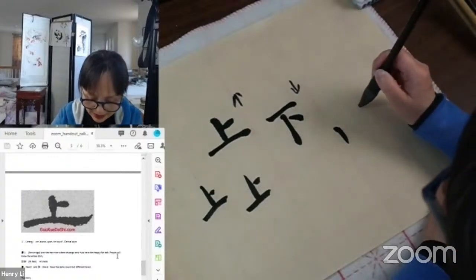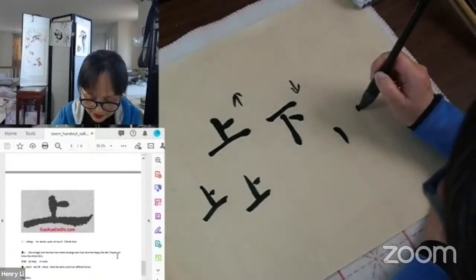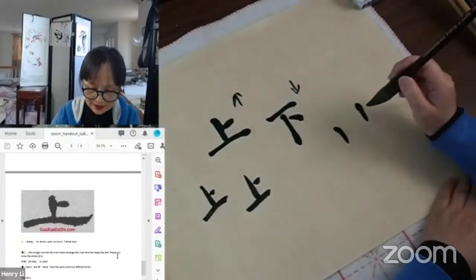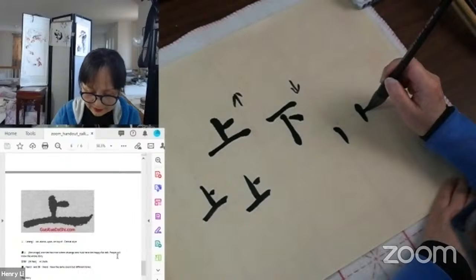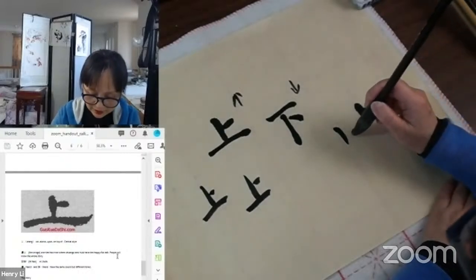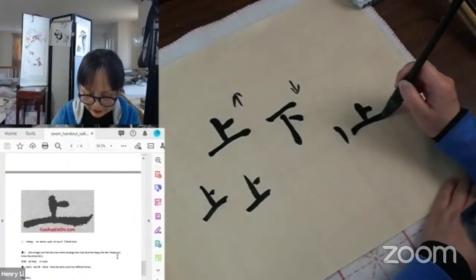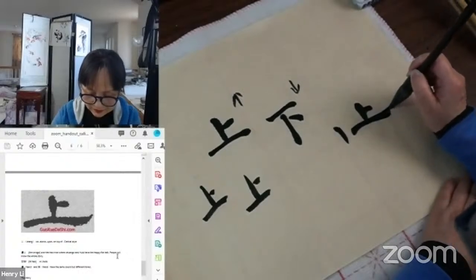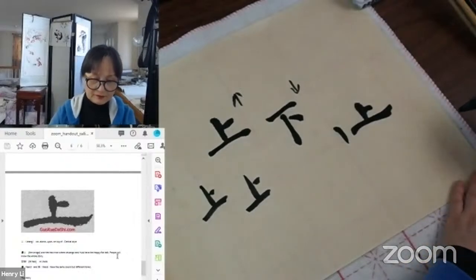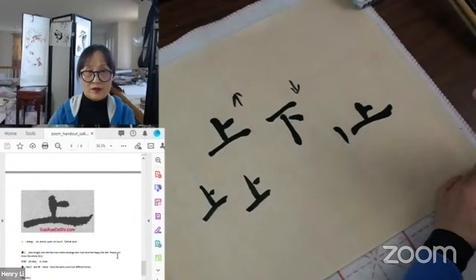So it should be the backstroke, concealing the tip, and then a more dot-like stroke, and the big goose tail, feeling like flying. That's it.